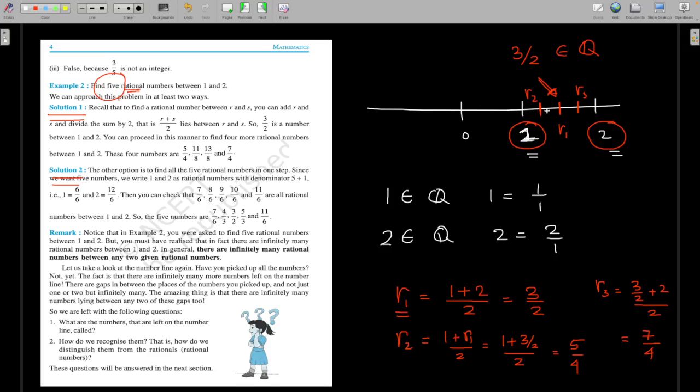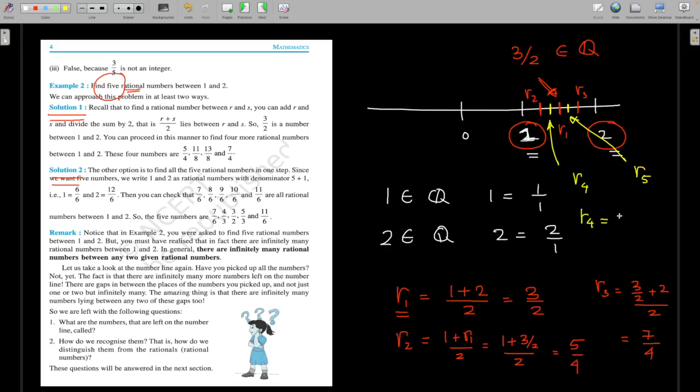Now let's do this idea one more time and look for a number here and a number here. So this we can call R4, and then this number we can call R5, and we have solved the problem. We'll use the same idea again.